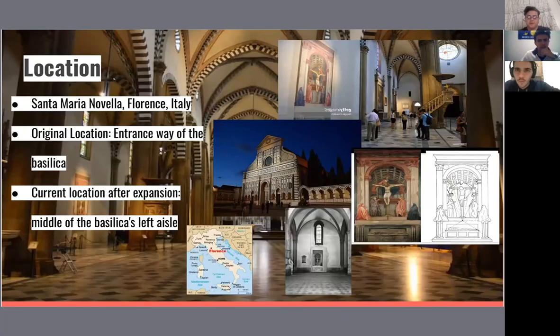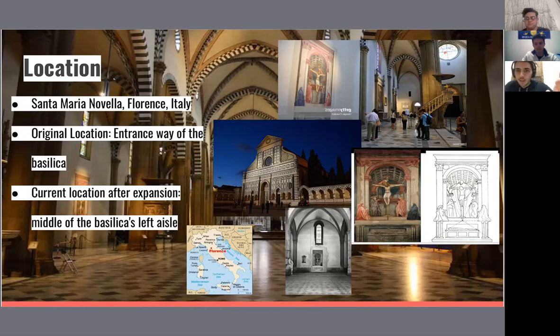When we look at the location, as I stated before in the slides about the date, it is still the same. As Jonathan mentioned, it is a fresco, so it is placed literally into the wall of the building, in the Santa Maria Novella in Florence, Italy. When this basilica was first built, the original location was right when you enter, so you would see this great image that Masaccio painted as an entryway for the first audience of the image, which were the worshippers.